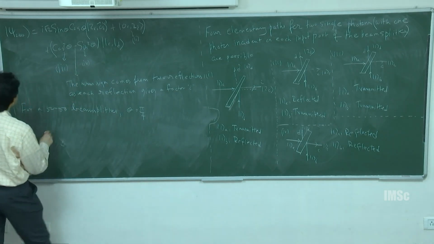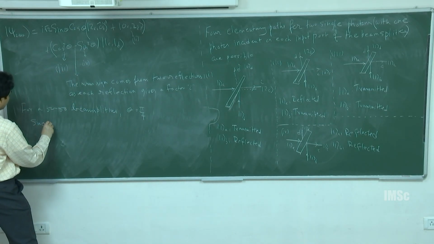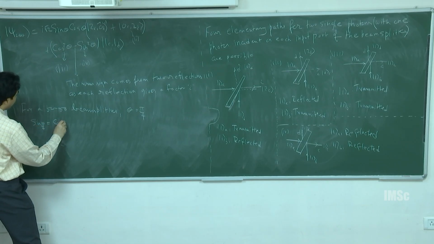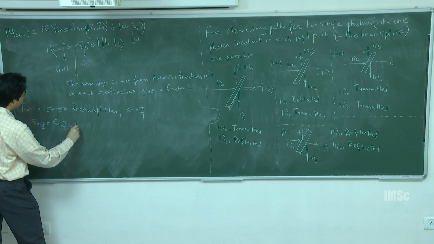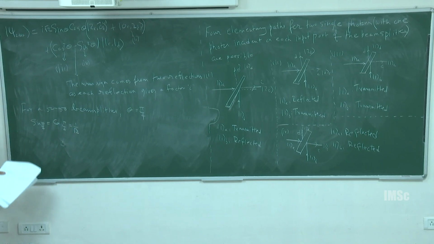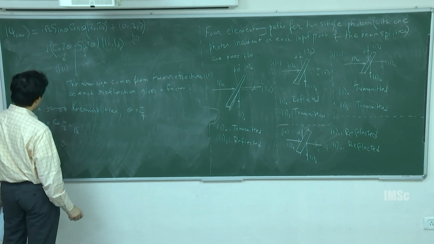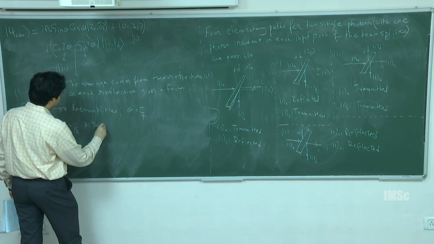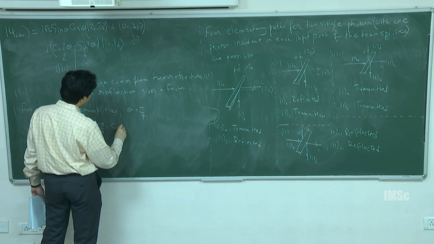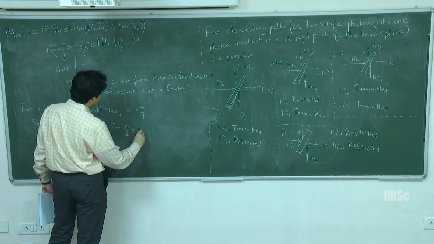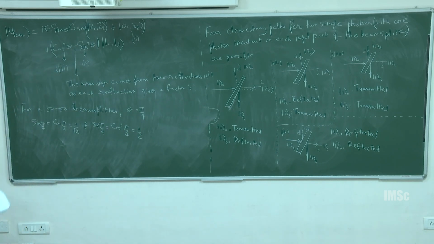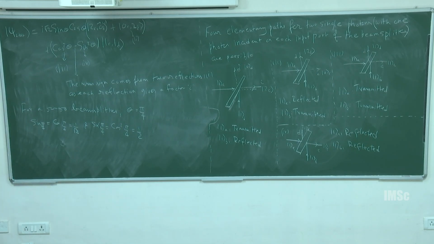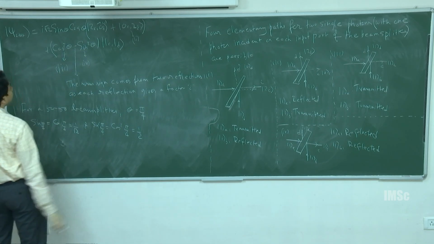So which means sin pi by 4 cos pi by 4 is 1 over root 2, and cos square minus sin square is half minus half. So in the case of a 50-50 beam splitter, these two terms cancel each other.